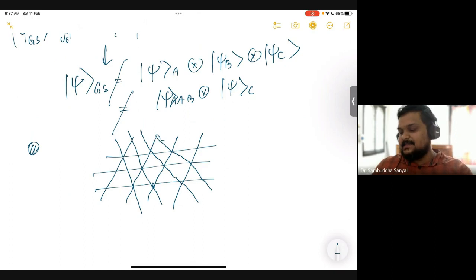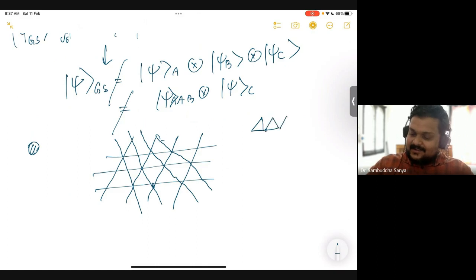Okay, so this is a triangular lattice. Okay, I am drawing it well actually. I should have been drawn like this. This is a triangular lattice.